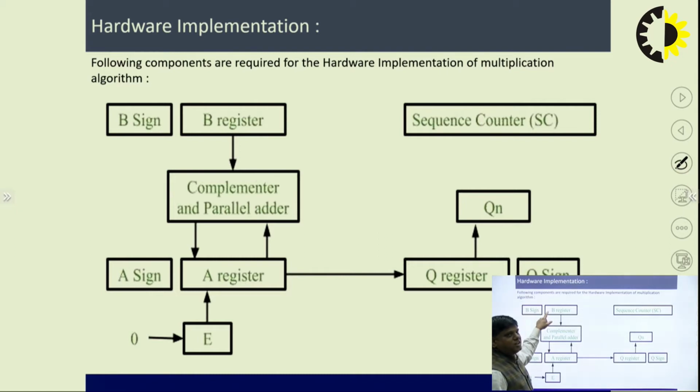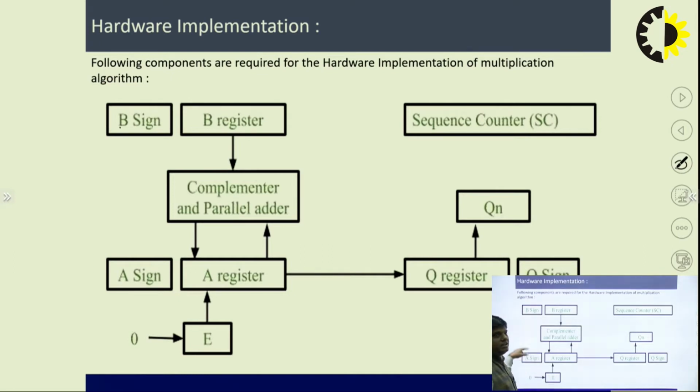The first value is stored in register B and the second value is stored in register A. The sign of the B value is stored in the B sign, and similarly the sign of the A value is stored here. A is multiplied by B with the help of the complement and adder, and when we add these two numbers, the carry bit is stored in the E flag register.